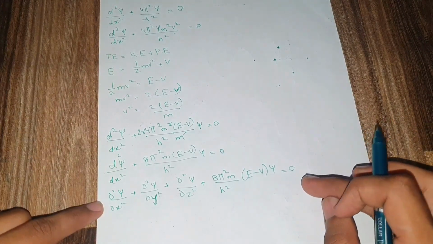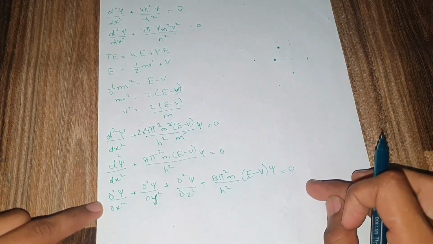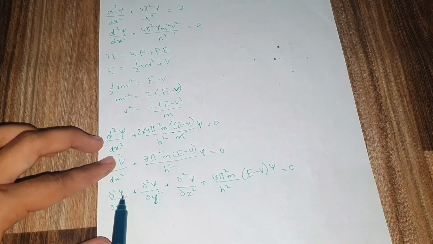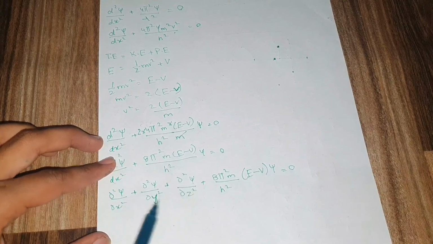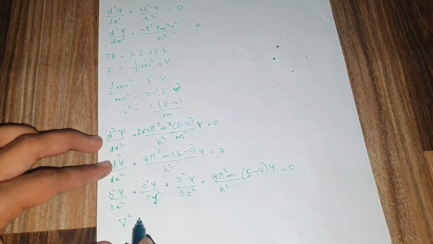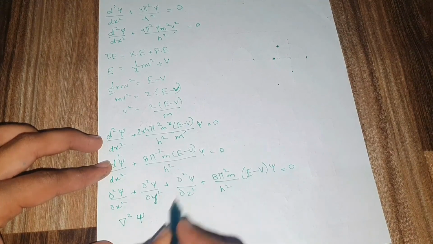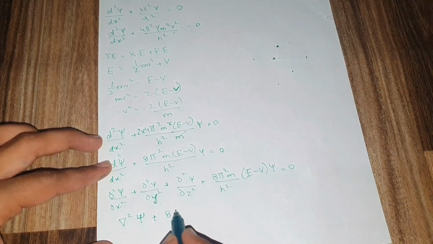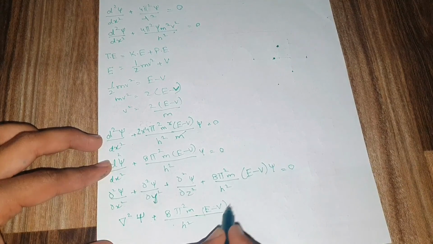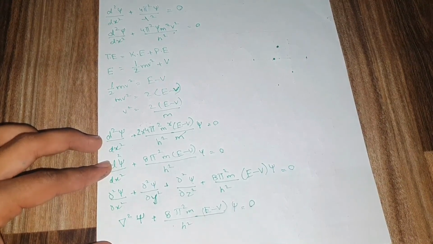So this is the wave equation. Or simply, if I take psi as common, the remaining part of the equation is called del squared, so it is del squared psi plus 8 pi squared m divided by h squared (E minus V) psi is equal to 0.